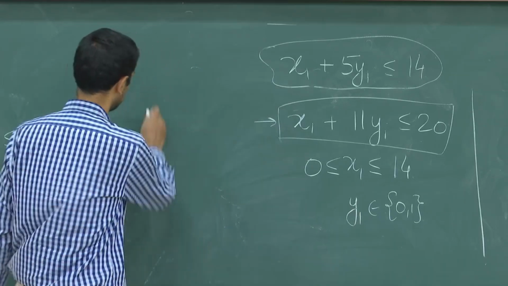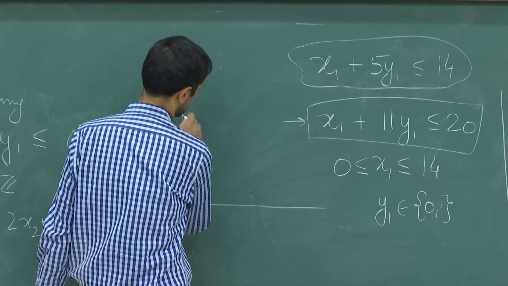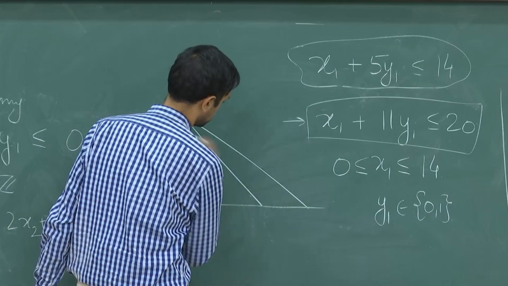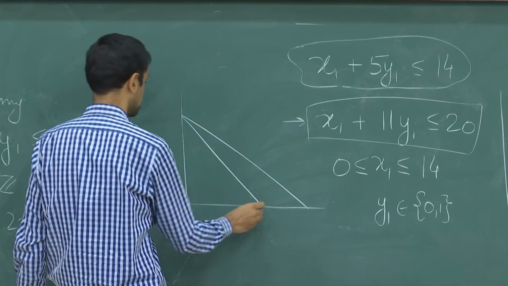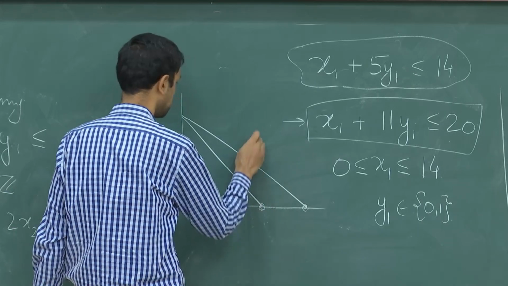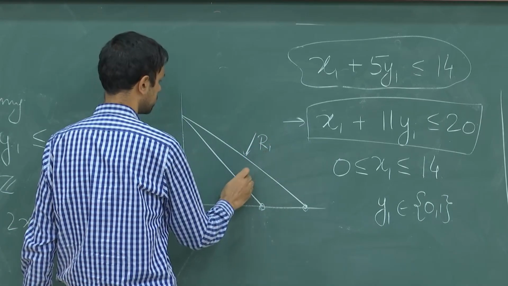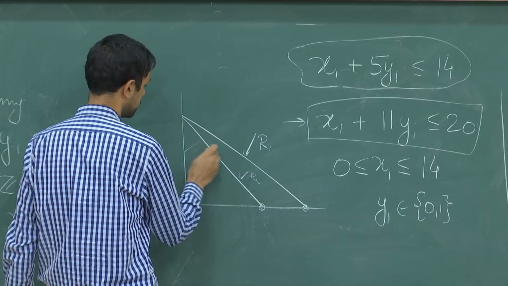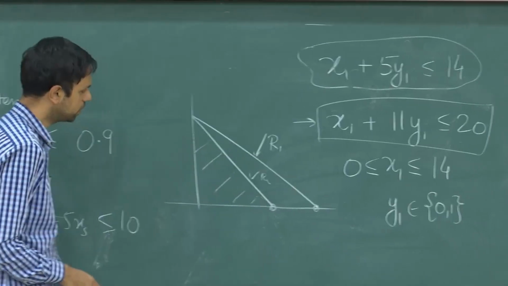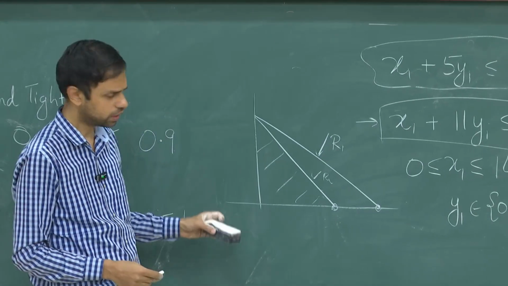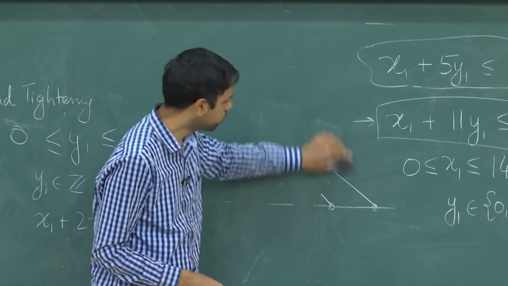You will see a picture like this: this is R1, this is R2, and the feasible region is somewhere here. So this is called coefficient improvement.